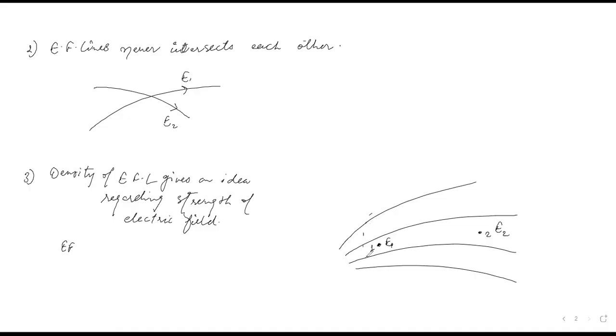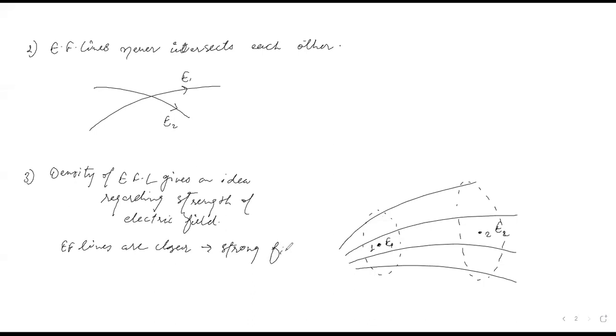In the region of electric field E1 and in the region of electric field E2, the density of field lines is different. So the density of field lines gives an idea regarding the strength of the electric field. At point 1, field lines are closer, and this is said to be a strong field.